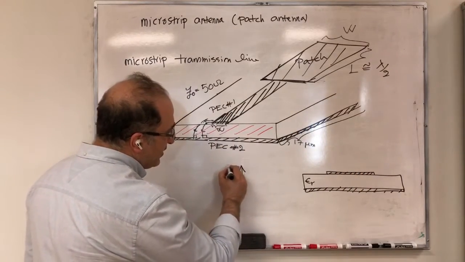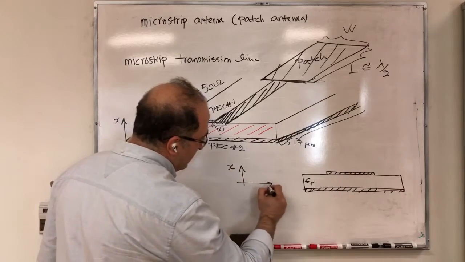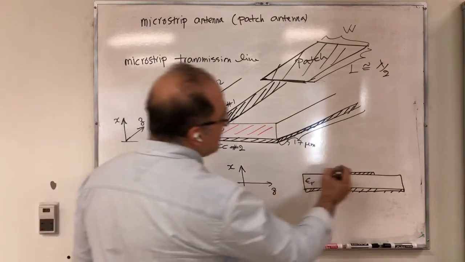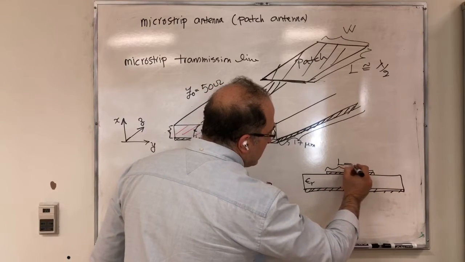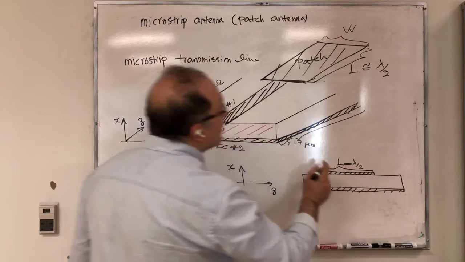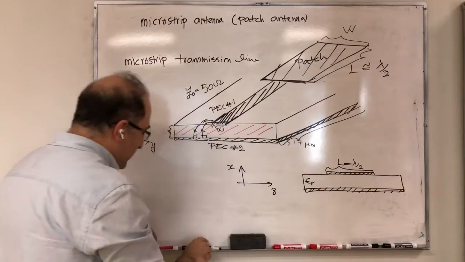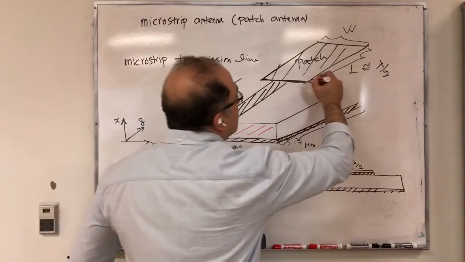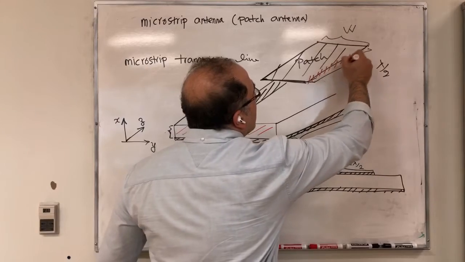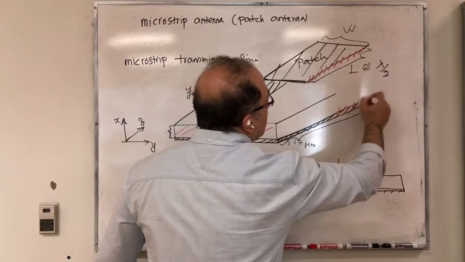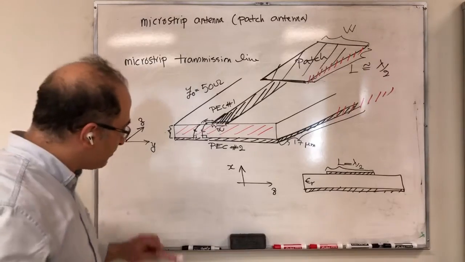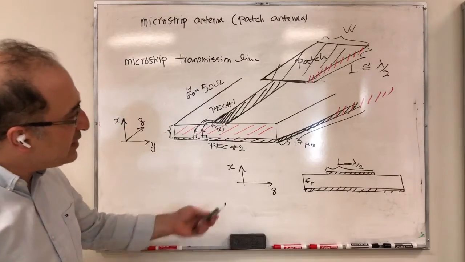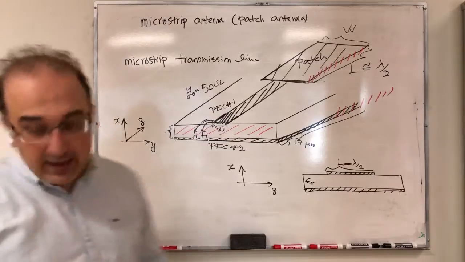So this would be L, which is approximately half a wavelength. So what I'm showing here is this in the cross section. So that's what I have. L equals half a wavelength.